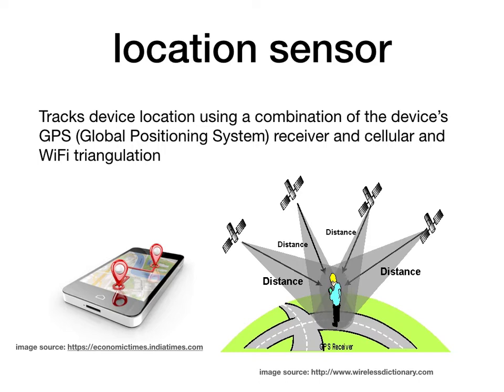In addition to that, there are cellular and Wi-Fi transmission points all over the place, and by triangulating your position with the known locations of those transmitters, you can usually get a more exact reading of your current location.